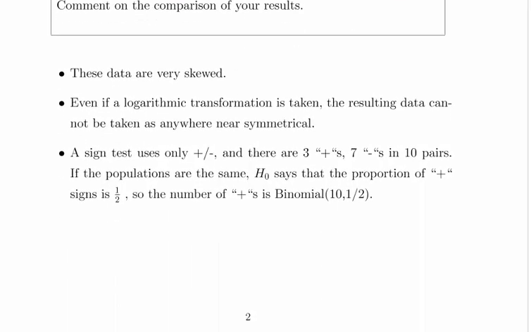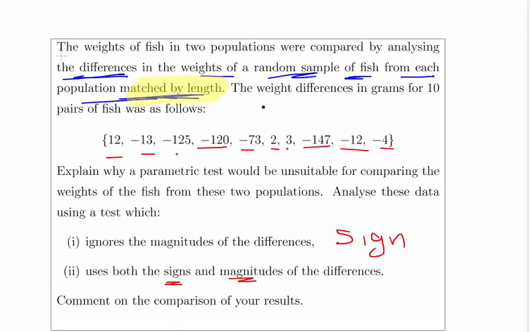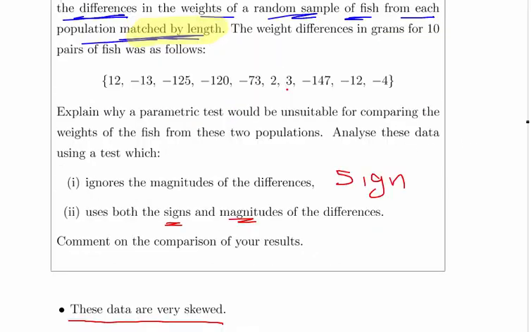Now, first off, the data is very skewed. You can just tell by comparing a couple of numbers here: -125, -120, -73 versus 2, 3, -12, 4, and so on. It is skewed, but it's obviously not normally distributed.